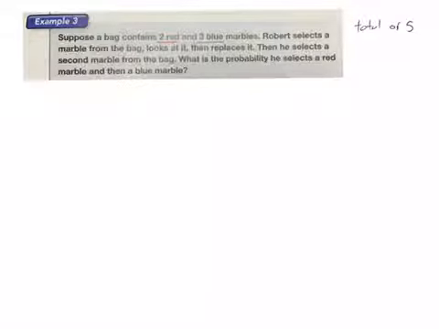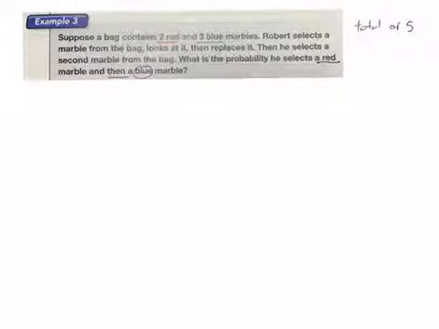So notice these are what we call independent events because he puts it back in there. If he had kept the marble out, then those would be dependent events. But since he put it back in there, there's 5 the whole time. So we're wondering, what's the probability he selects a red, then a blue?